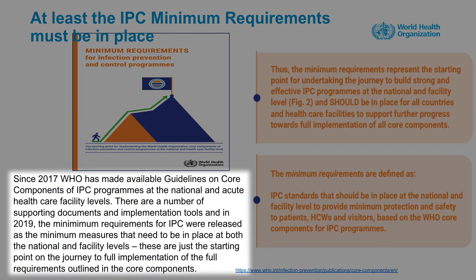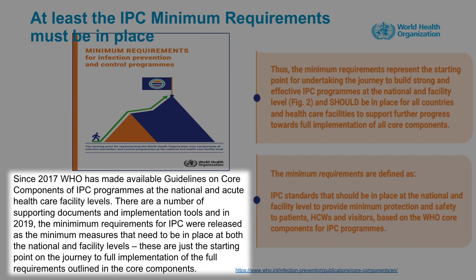Since 2017, WHO has made available the guidelines on core components of IPC programs at the national and acute healthcare facility levels. These are a number of supporting documents and implementation tools, and in 2019, the minimum requirements for IPC core components were released as the minimum measures that need to be in place at both the national and facility levels.